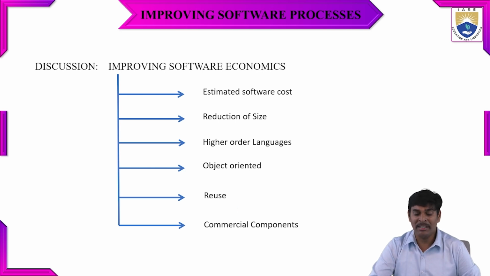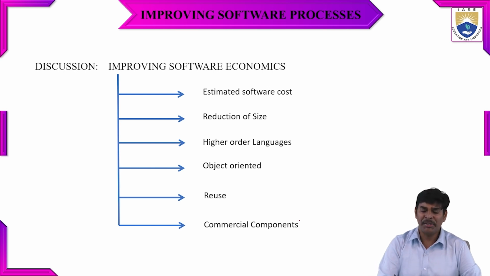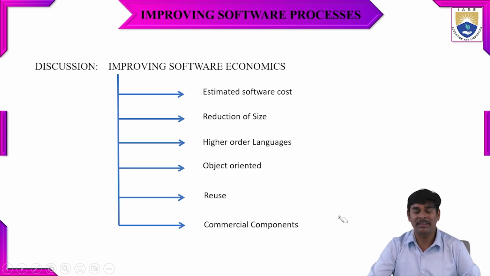We have seen that commercial components have advantages and disadvantages. In modern tools, we are using 70% for the components and the remaining 30% for the tools. It will be very helpful to improve the software economics. These are the main metrics to improve the software economics.